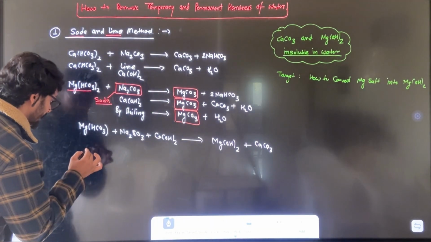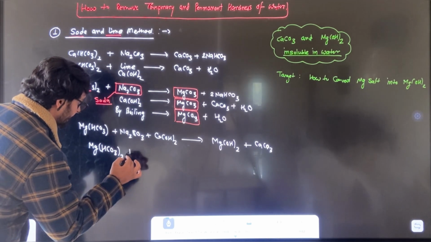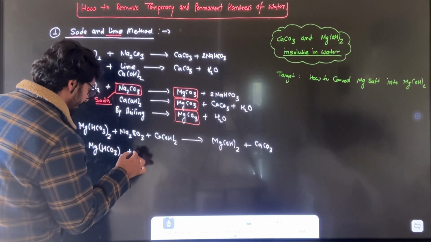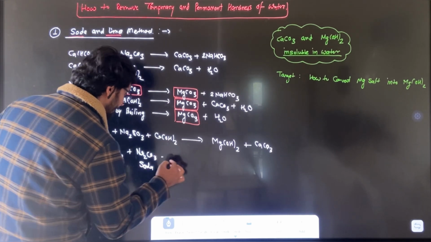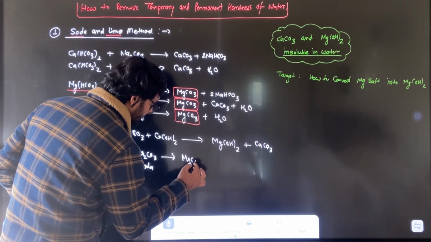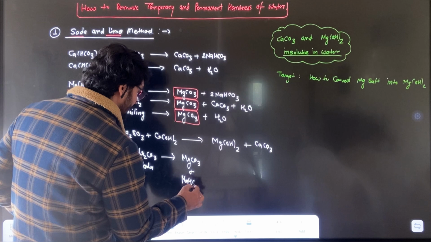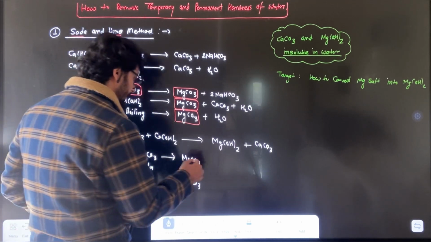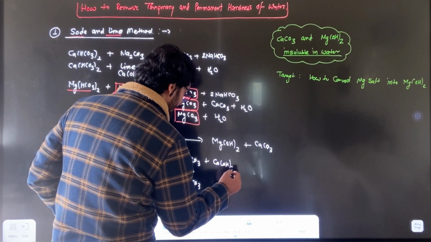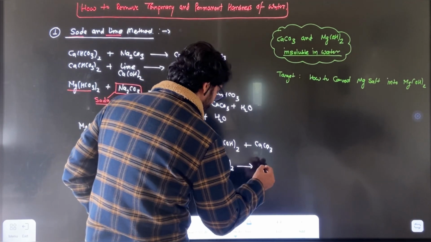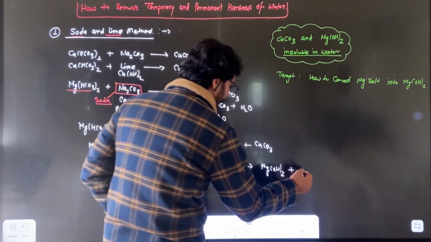It means when magnesium bicarbonate reacts with soda, then we get magnesium carbonate, and the side product is sodium bicarbonate, right? And when the magnesium carbonate reacts with lime, calcium hydroxide, then we get magnesium hydroxide and calcium carbonate.